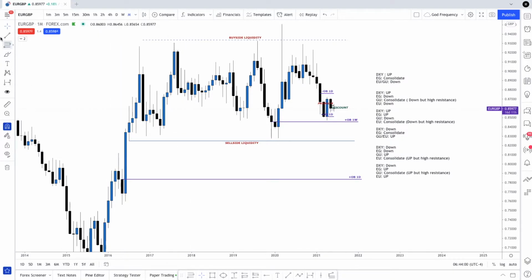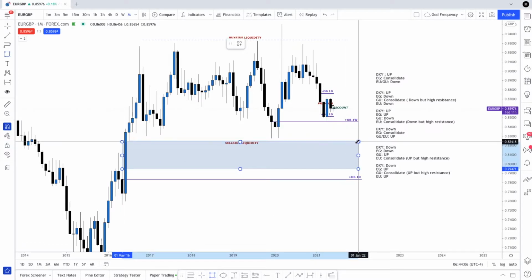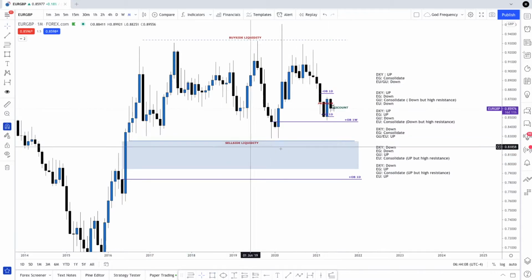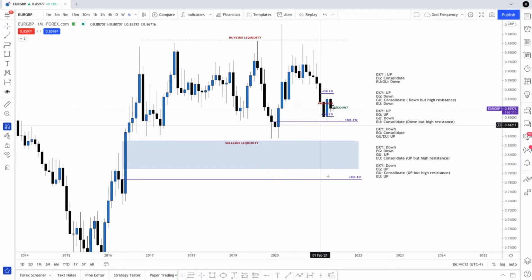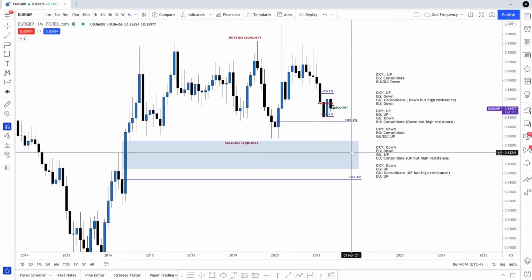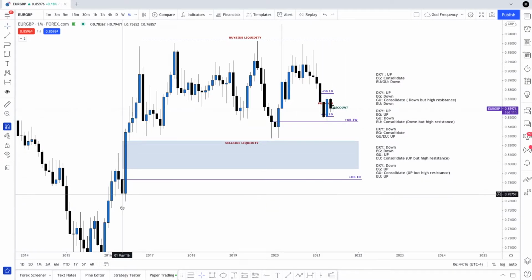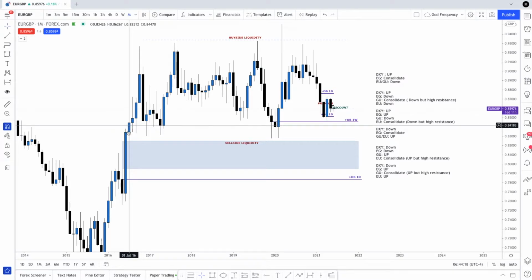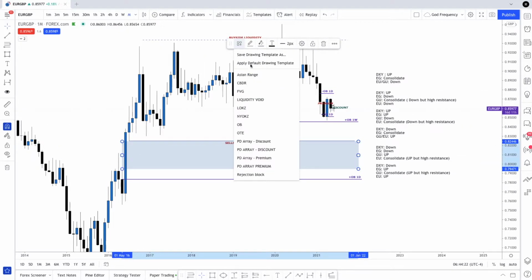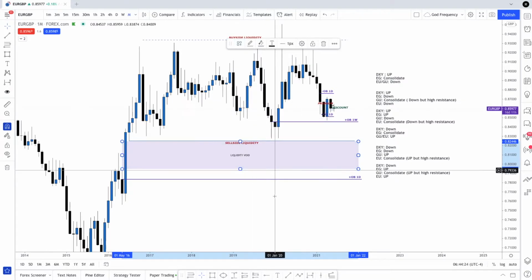as well, that I'm looking at on a euro pound. So you have this whole shaded area where it would want to match up with the order block. This gives this order block high probability because this order block left a liquidity void, or fair value gap, or whatever you want to call it.